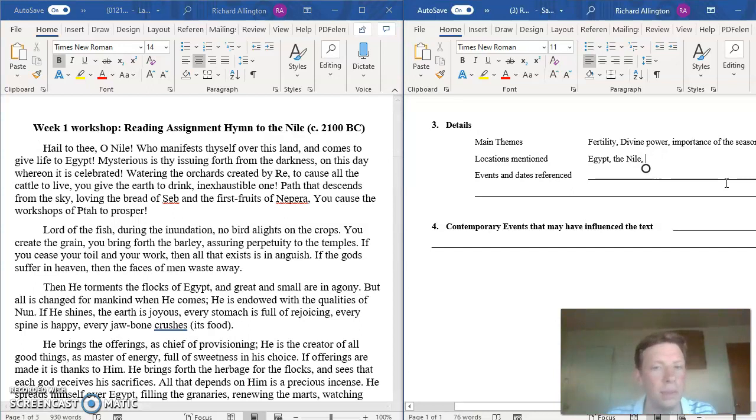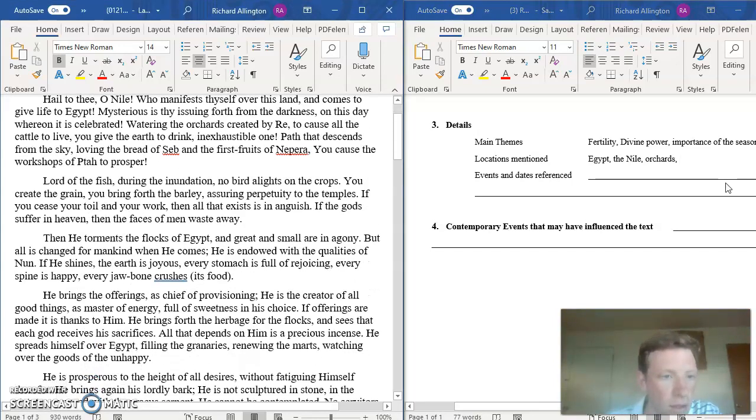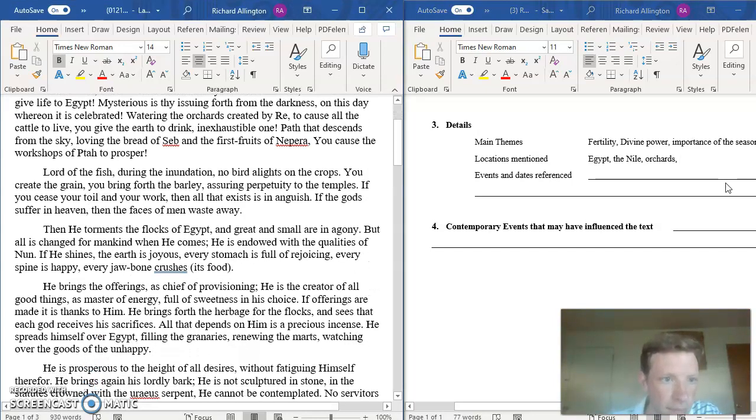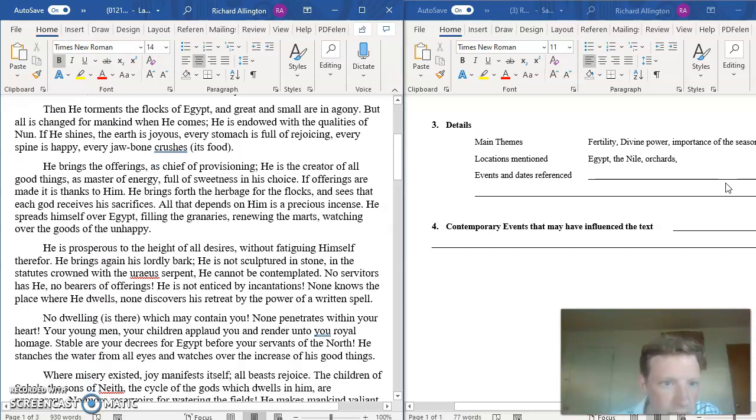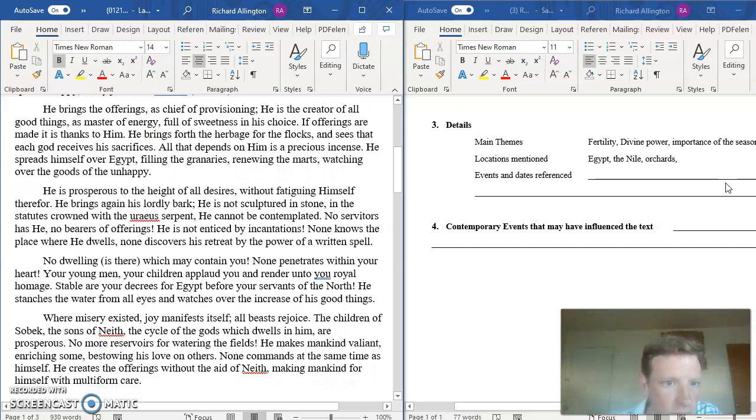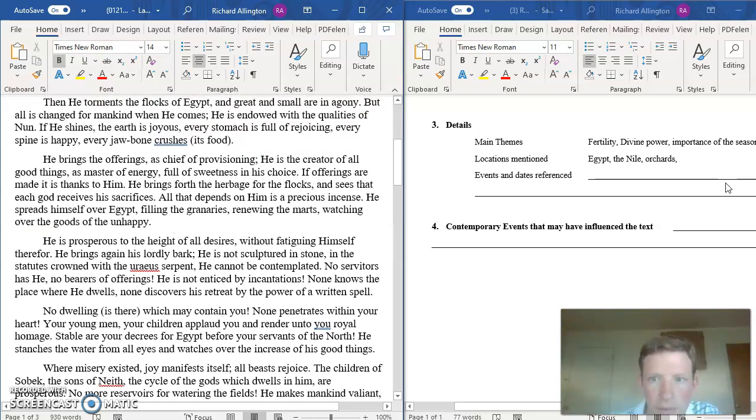So these are bigger geographical formations, but also the orchards. It's a location that's being mentioned, and is a part of getting a sense of this text as a text that deals with the geography and the agriculture and the rule and the religion of the land of Egypt. That looks pretty good for the moment.